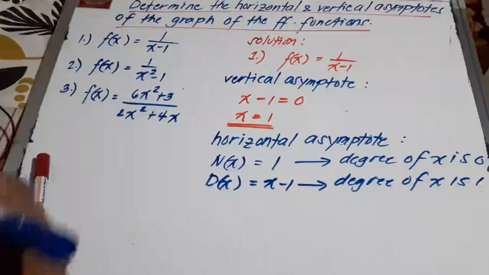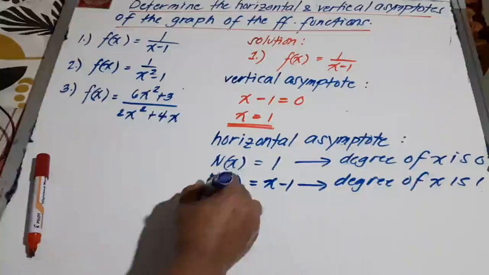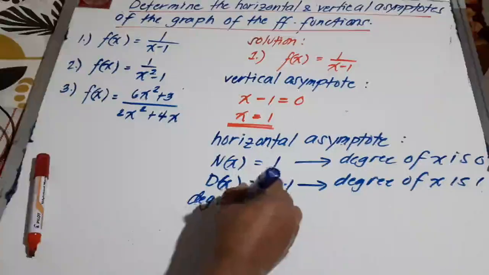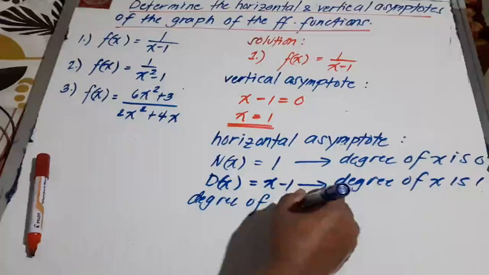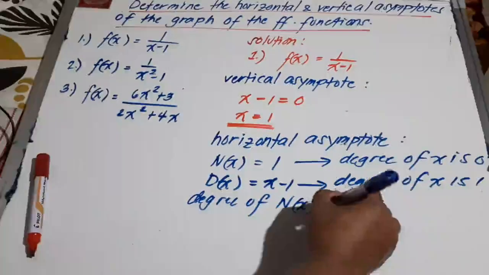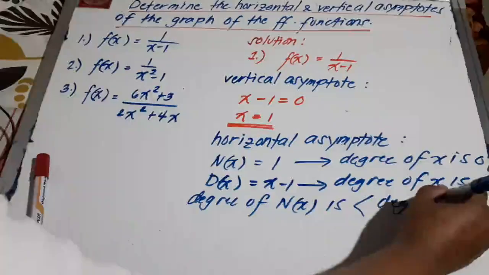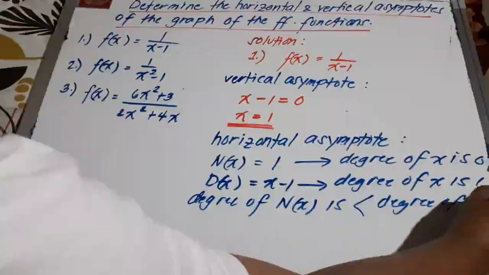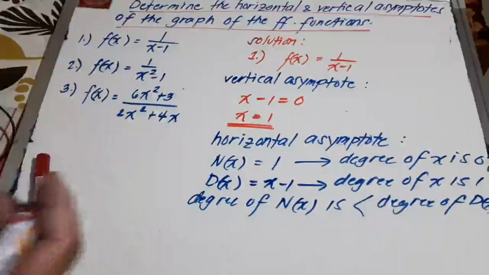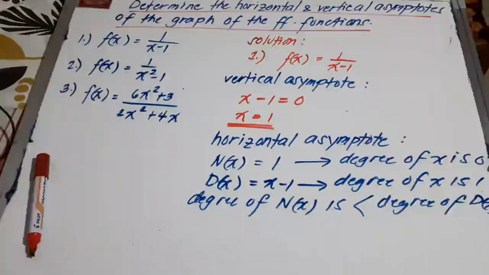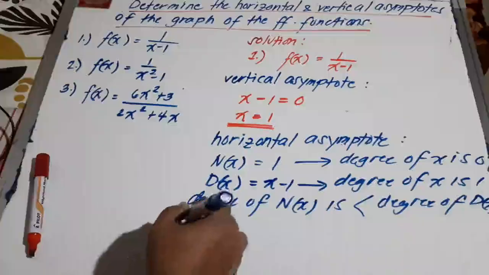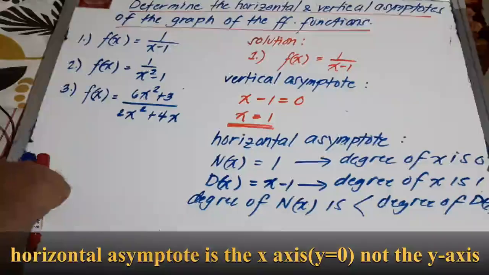Since ganon ang nangyari, the degree of n of x is less than the degree of d of x, or the degree of d of x is greater than the degree of n of x. It means that the horizontal asymptote is the x-axis.